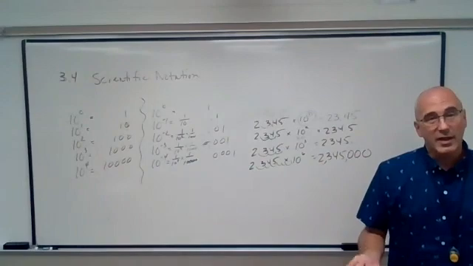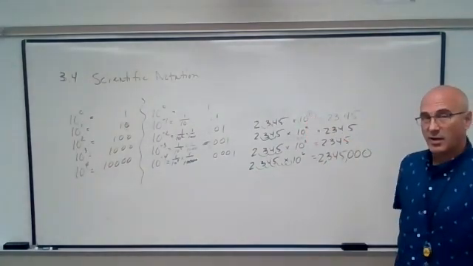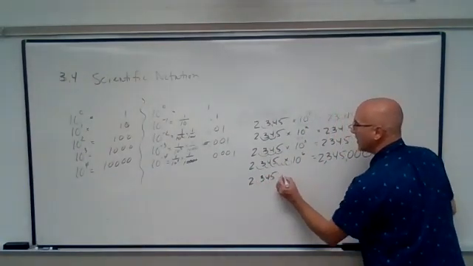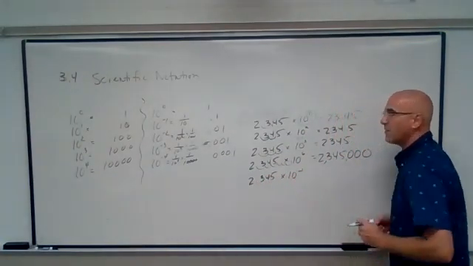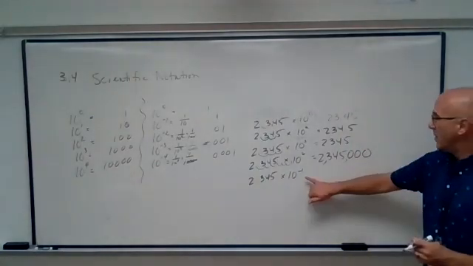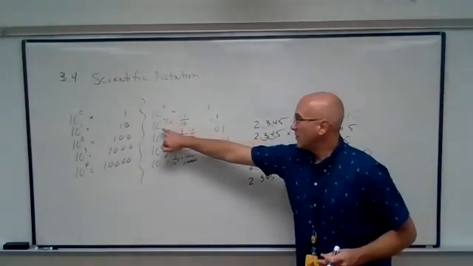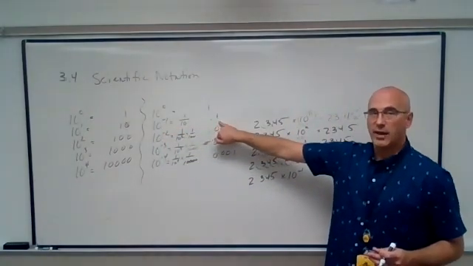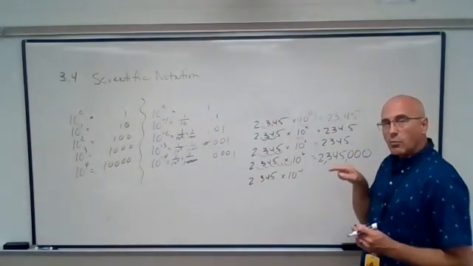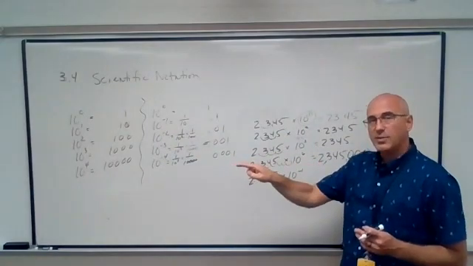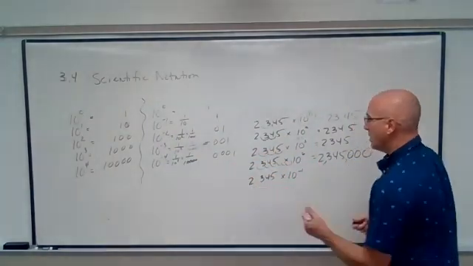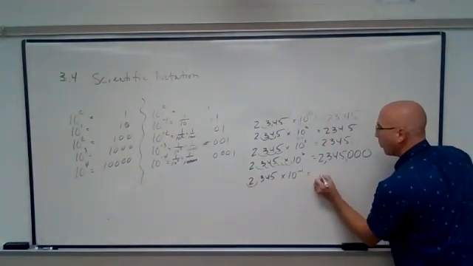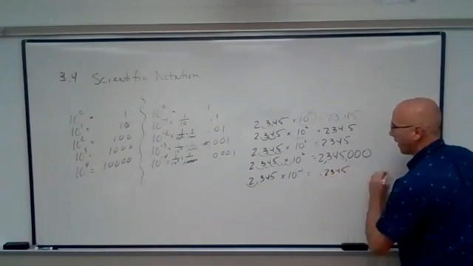We can do the same thing with negative exponents of our 10. Let's do the same number, 2.345 times 10 to the negative 1 power. So as we discussed over here, 10 to the negative 1 power is the same as 1/10. So essentially, we are moving the decimal point in the opposite direction. We're moving it to the left. So in this case, we are moving it over here, and we get 0.2345.